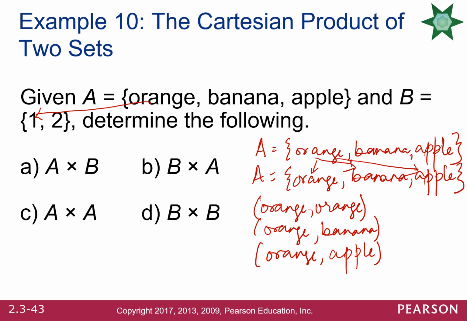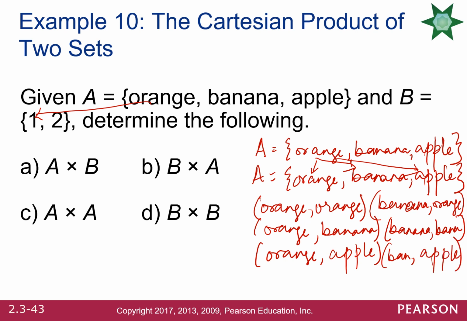Then we have banana, comma, orange, banana, comma, banana, and banana, comma, apple.